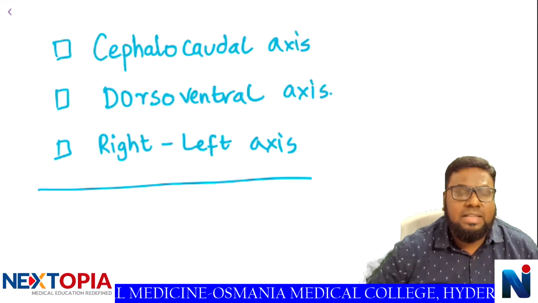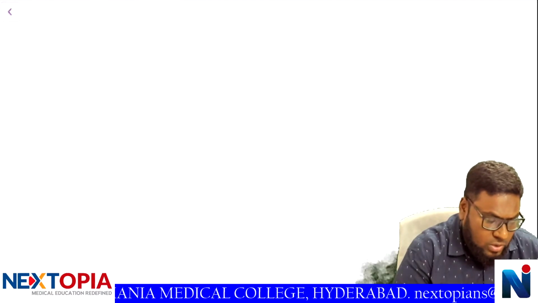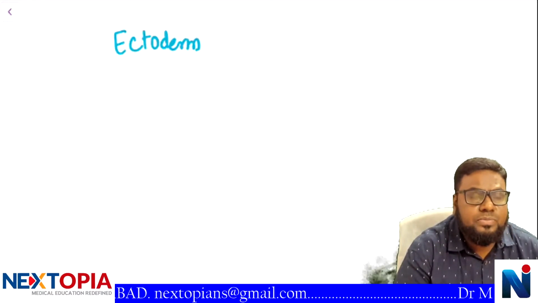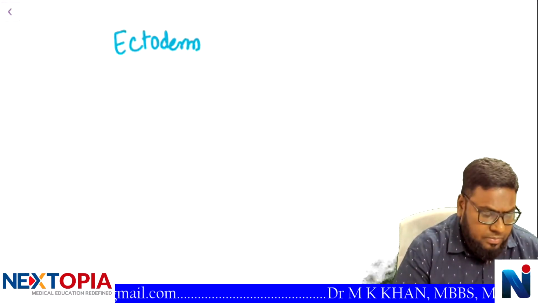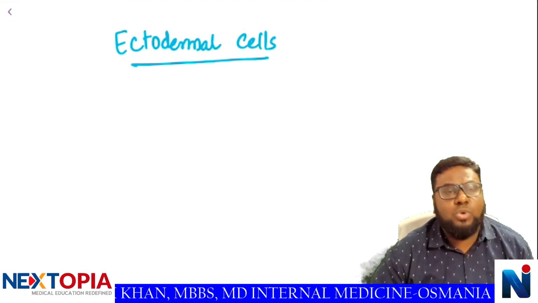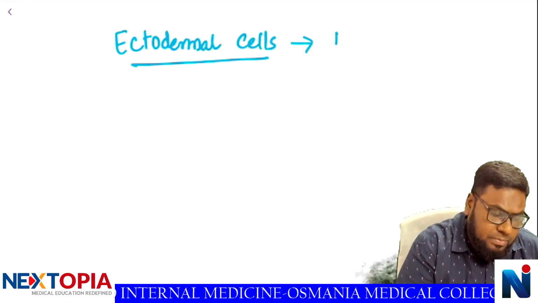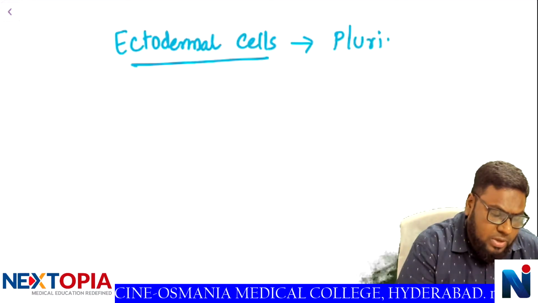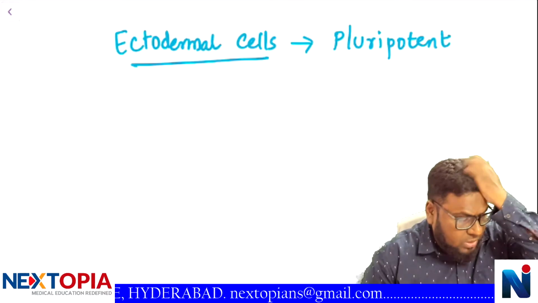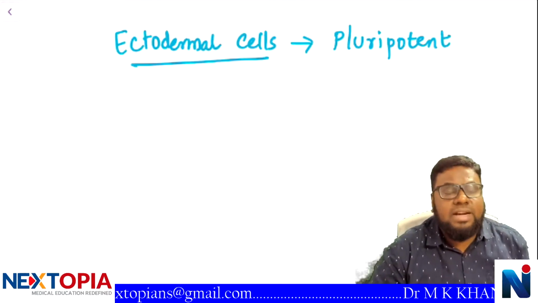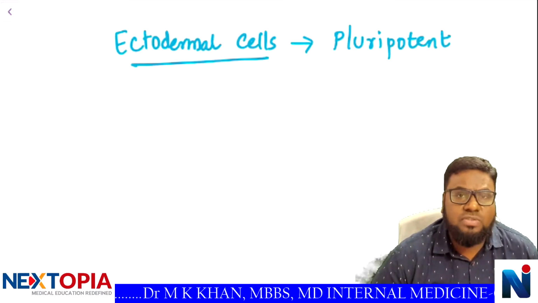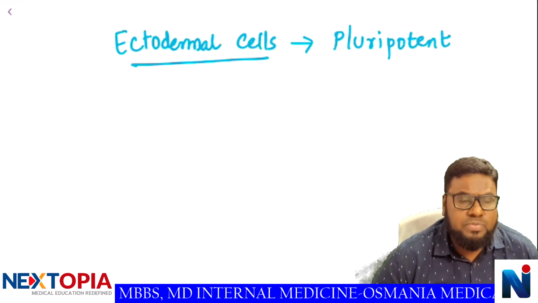So please remember that the ectodermal cells are pluripotent. In my previous classes I told you what is pluripotent. Pluripotent means they give rise to multiple different sets of stem cells, multiple different sets of tissues or organ systems.